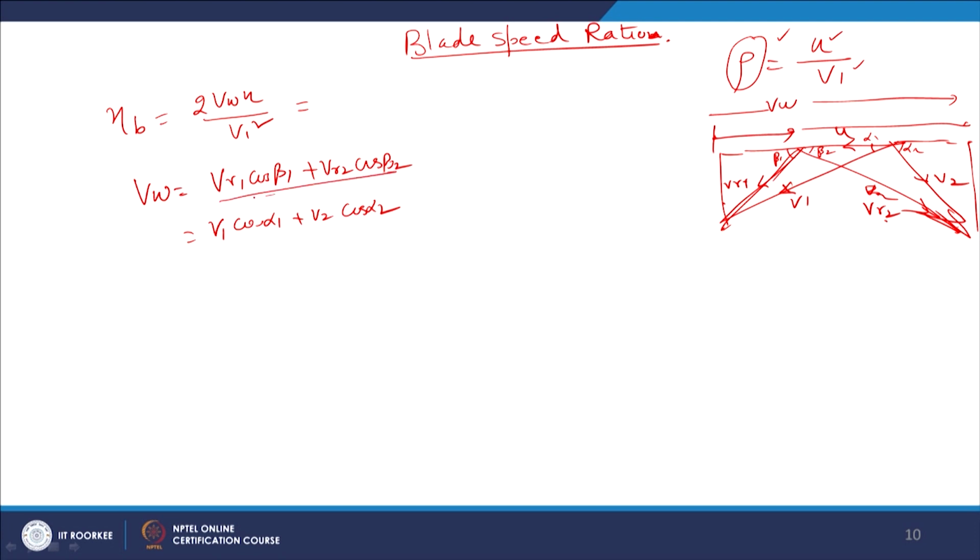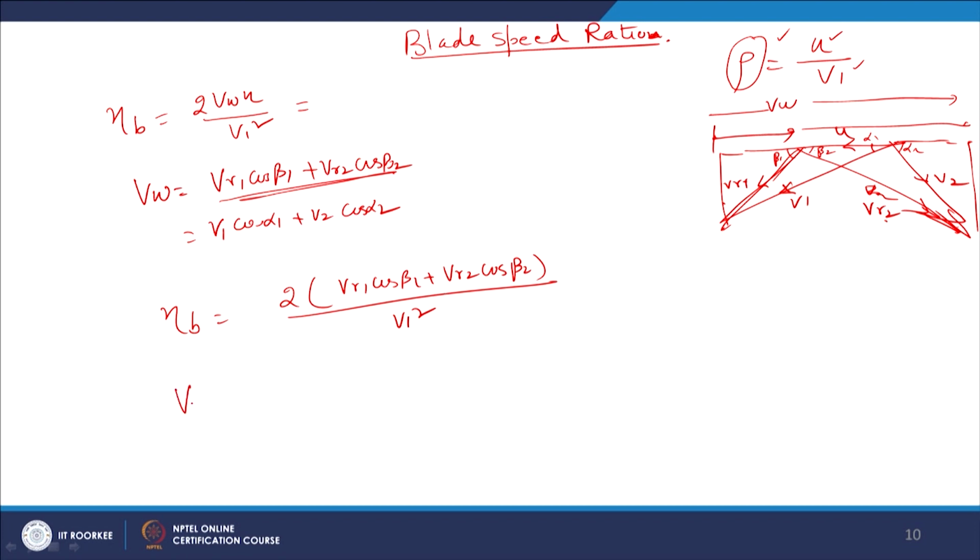So if we take this, then blade efficiency is going to be equal to 2 times U times (VR1 cos beta 1 plus VR2 cos beta 2) divided by V1 square.